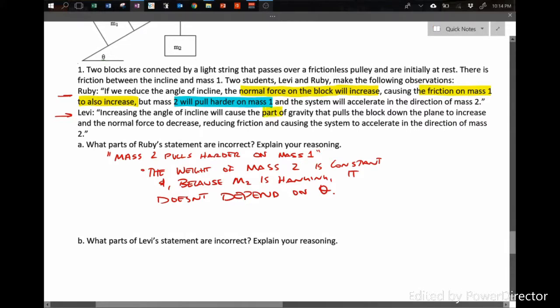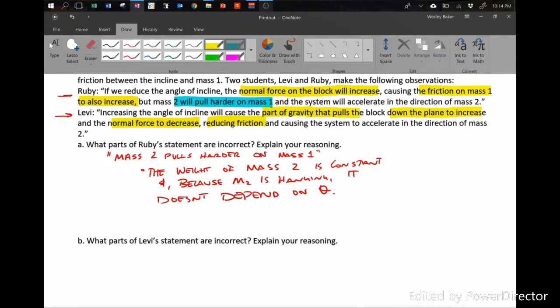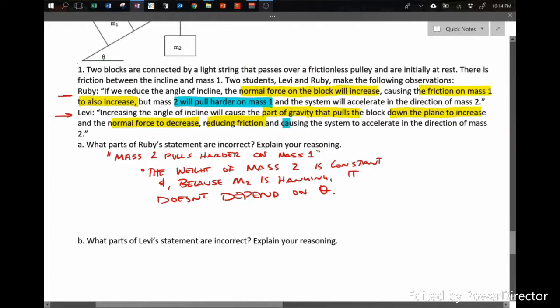So, part of gravity that pulls down the plane will increase. That's true. And the normal force will decrease. That's true as well. Reducing friction. That's true. And causing the system to accelerate in the direction of mass 2. That part is not true.